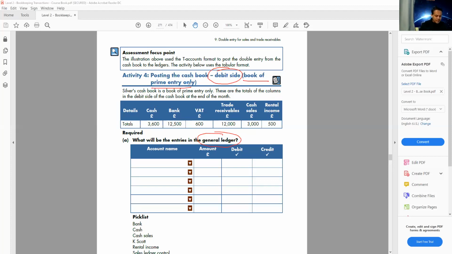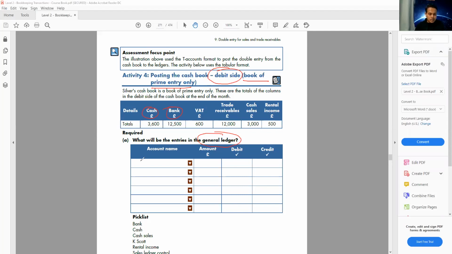The first thing I have here is cash and bank. Let's talk about cash and bank. Cash book debit side is money in, so cash and bank. Will these two be debit or credit? It's money in, so we are receiving the money. That's our asset. So will cash and bank be debit or credit?